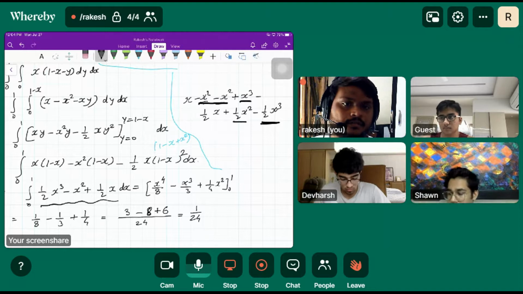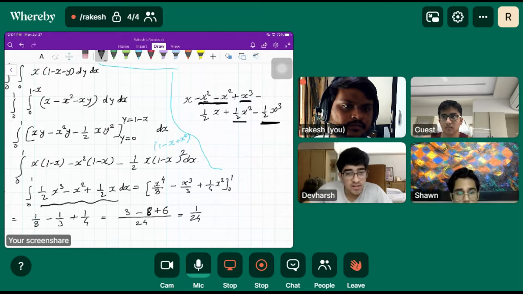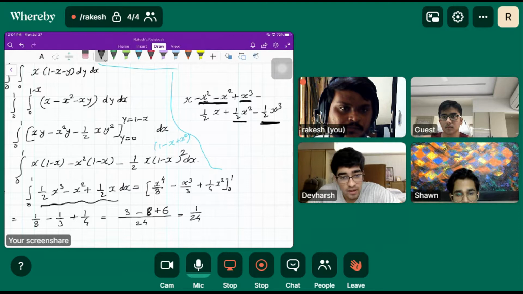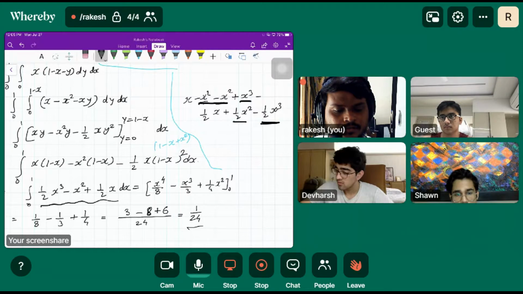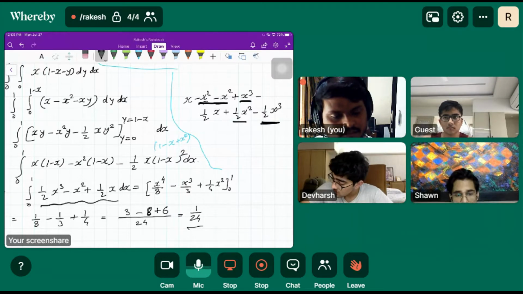What did you get there? Zero? Still zero or something else? No. Your answer is coming now. What you did, the x to the power 4 by 8 and all, when I opened it up, I'm getting what you had originally done. What about you, Mano? You check that, x square minus x square is minus 19 by 2x square.